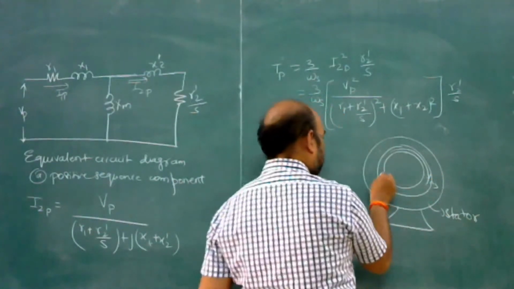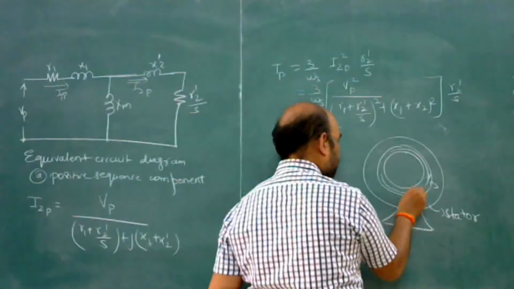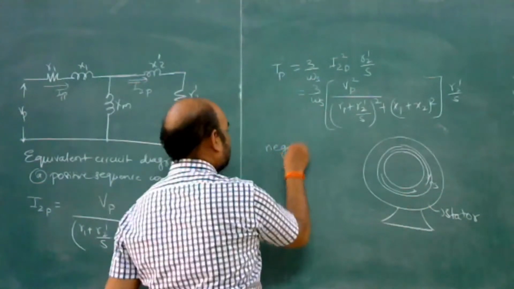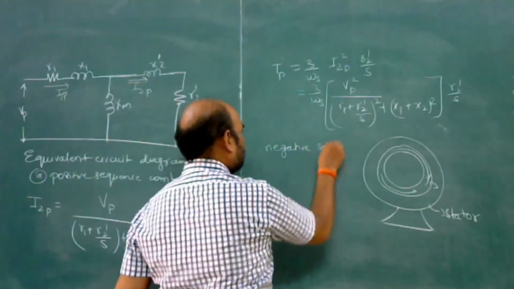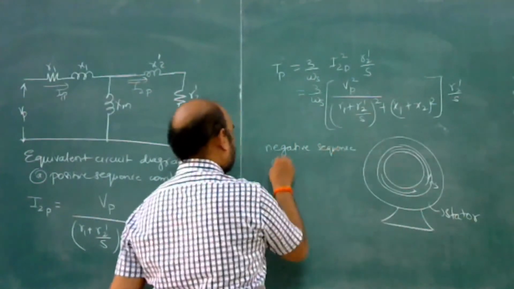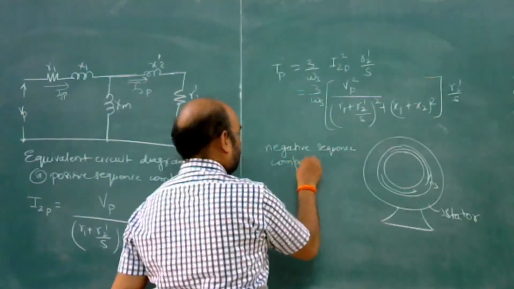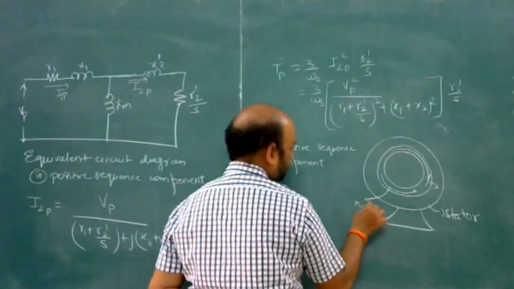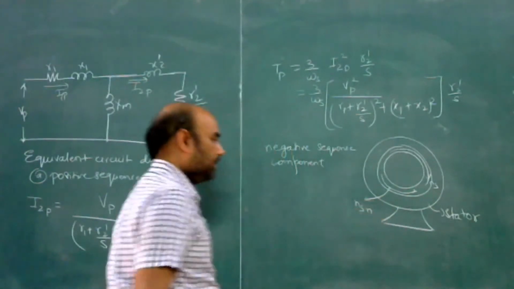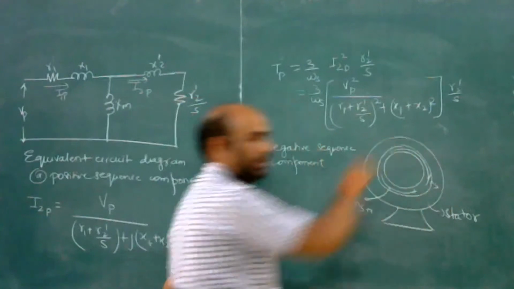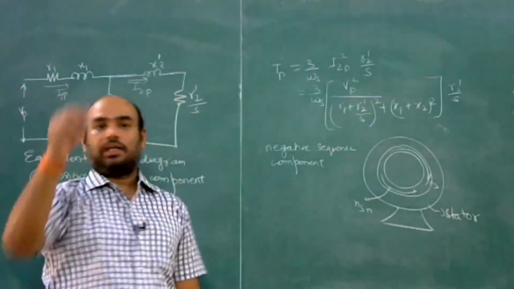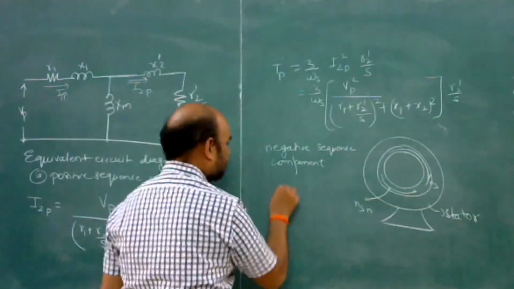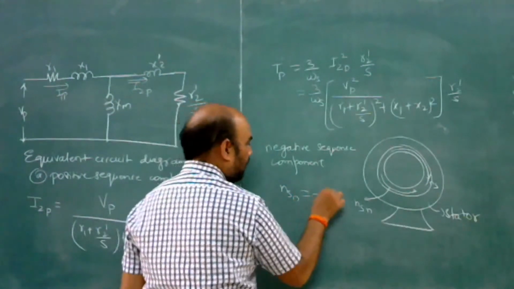Okay, and the field which is produced due to the negative sequence component, let's suppose this is NSN, negative sequence. Okay, so this will be in the opposite direction. It will rotate in the anti-clockwise direction. So NSN will be equal to minus NS.